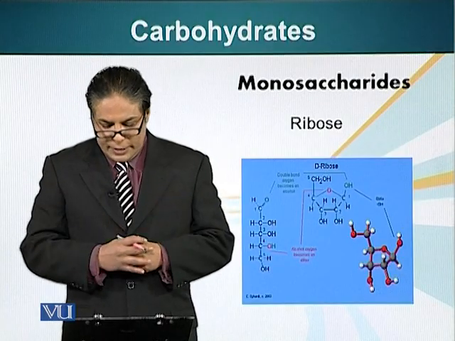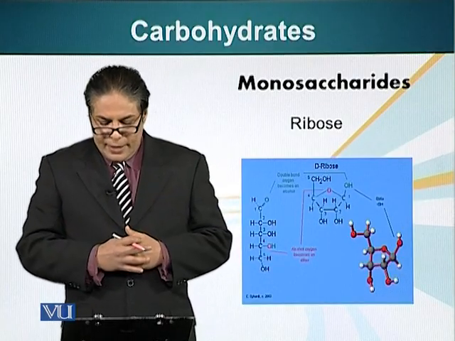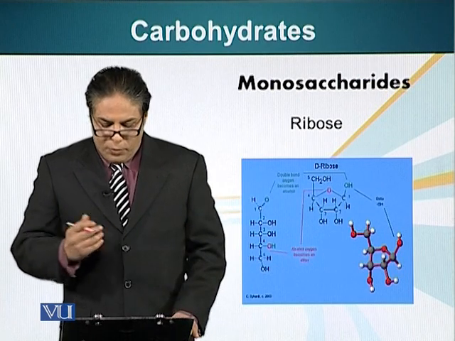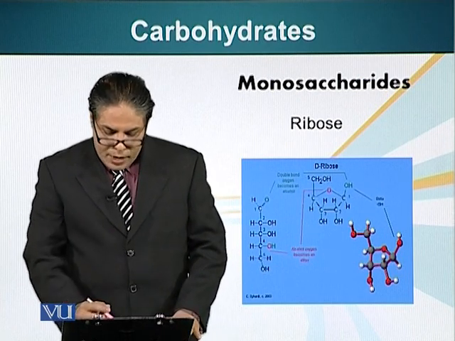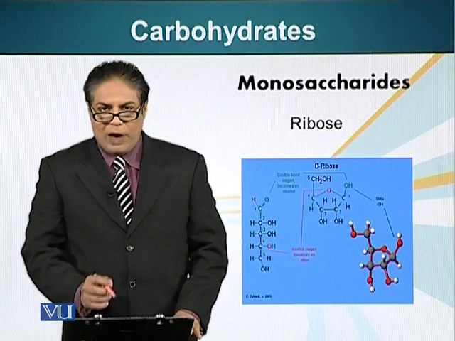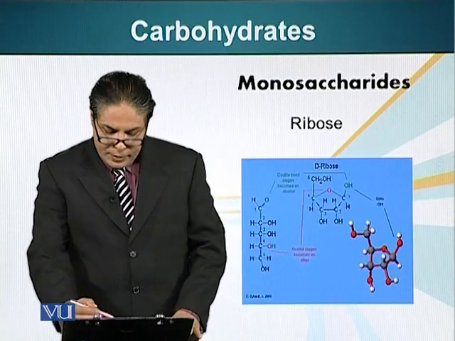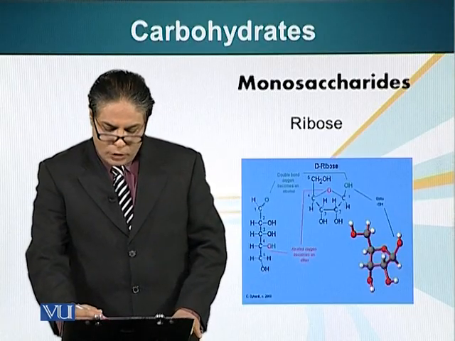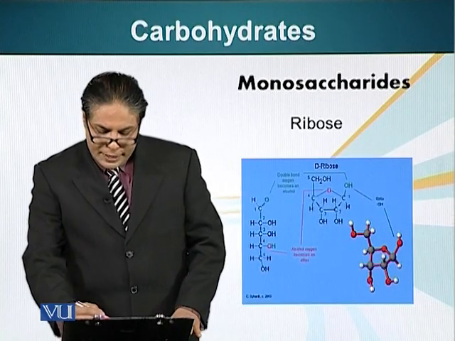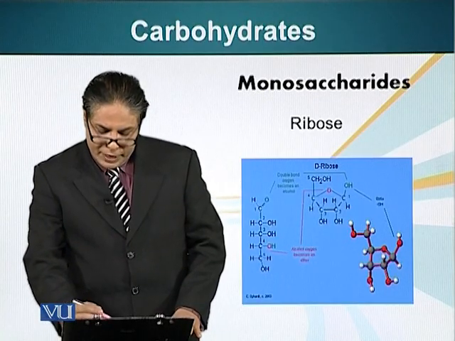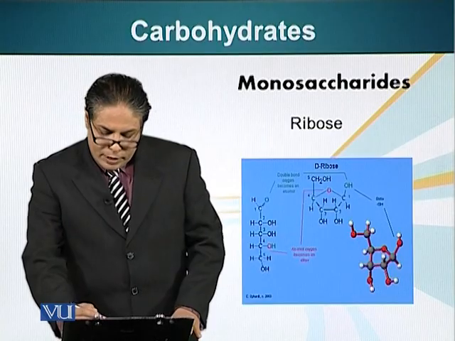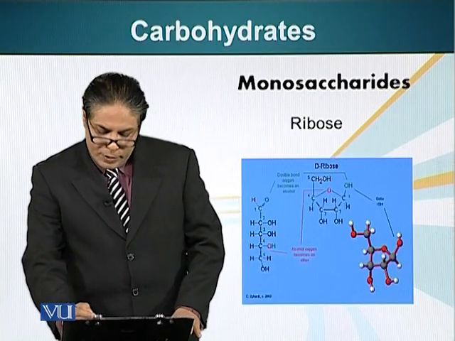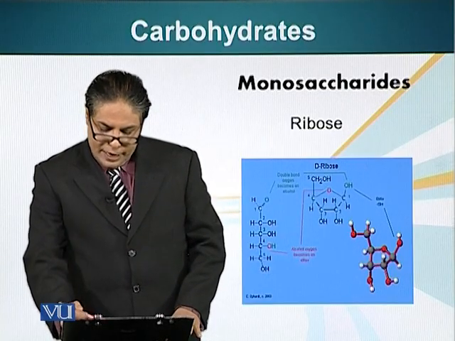One of the monosaccharides that I would like to talk about, we will talk about this monosaccharide in significant detail when we talk about DNA or ribonucleic acids. This molecule has 5 carbon atoms. You can see they have been numbered 1, 2, 3, 4, and 5. When this molecule becomes circular, please pay attention to the arrangement of these carbon atoms.